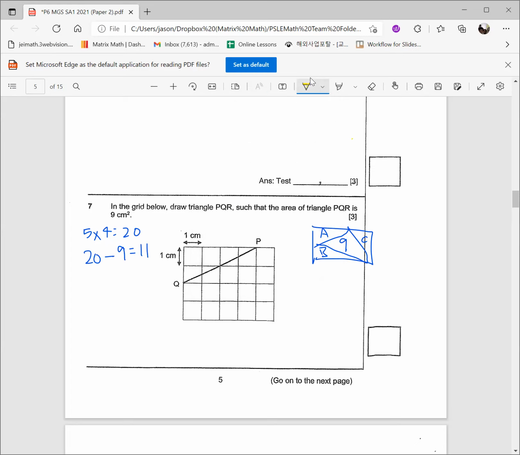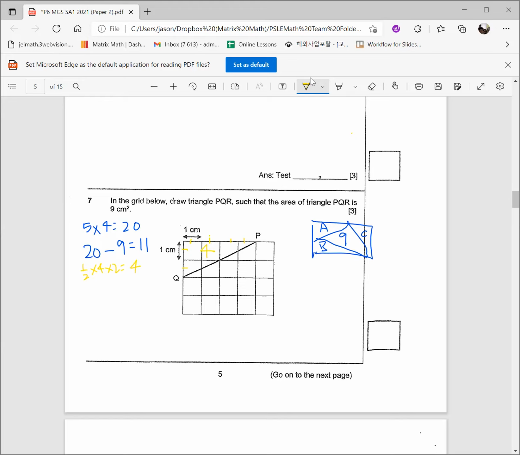So this is 4: 1, 2, 3, 4. You can call this the base, and the height is 2. So it's half times 4 times 2. This will give you 4. So this has an area of 4. Now I need to take out another area of 11 minus 4.